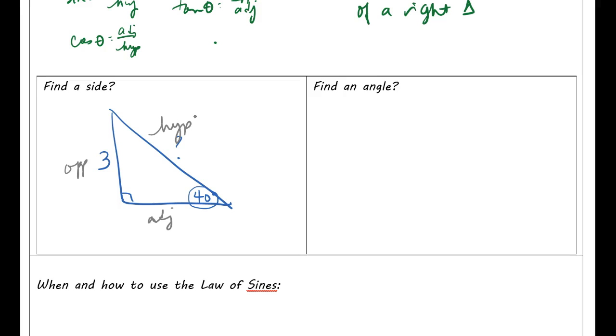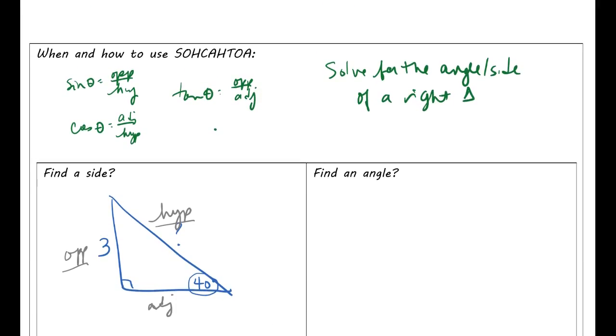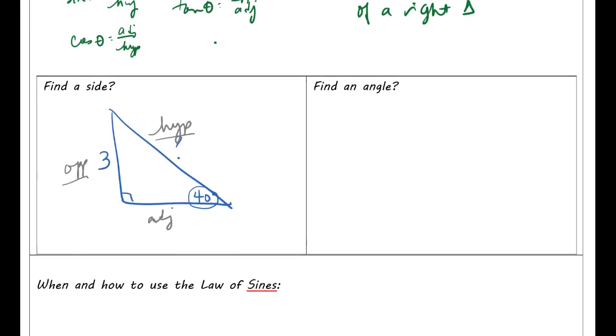So labeling is really important because then you look at what am I given and what do I want, okay? I'm given the opposite. I want the hypotenuse. So opposite and hypotenuse means that I need to look up here and use whichever trig function goes with that. So opposite hypotenuse, that would be sine, okay?